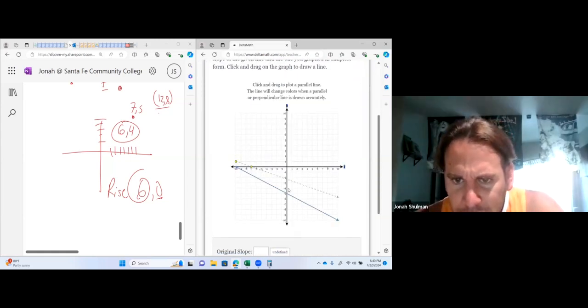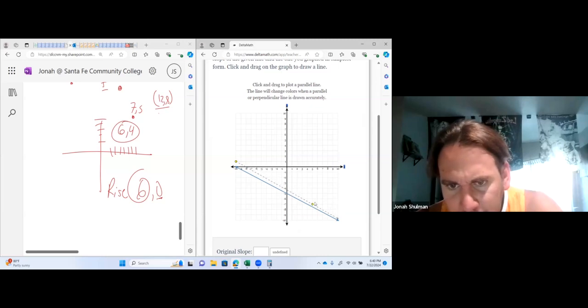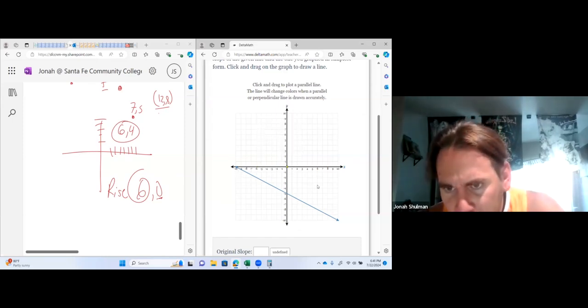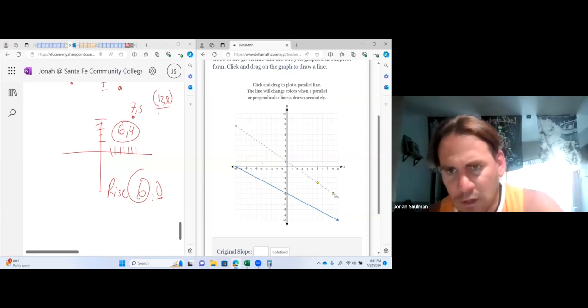I want it right next to it. This looks a little off. That looks really halfway. No matter how I put it, it doesn't want to be perfect.